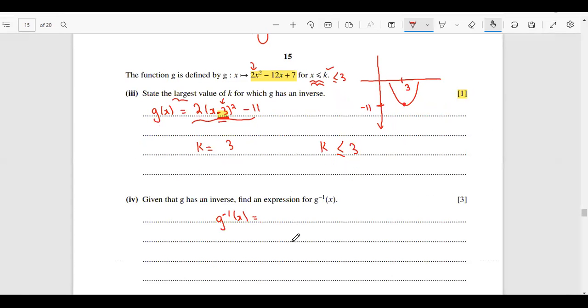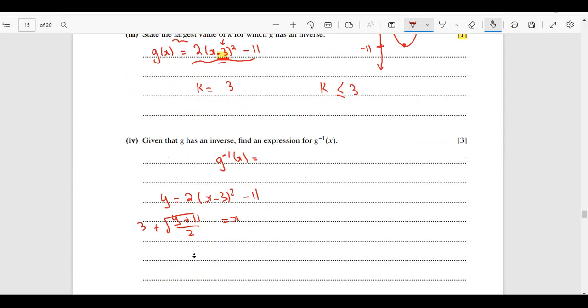Let's do it quickly. So, for finding g inverse, what do we know? We can write it this way: y equals. Now, I'm pretty sure that all of us have a different method of doing this, so it's completely fine. I'll make x the subject: y plus 11 divided by 2 under the root, and then I can do plus 3. This equals x.